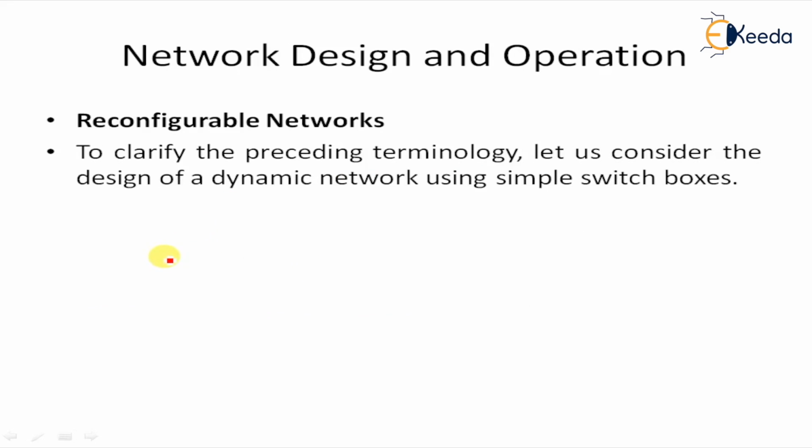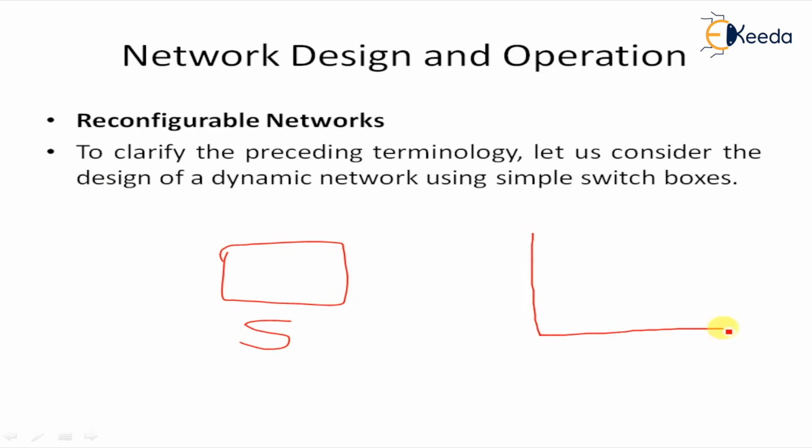So to clarify the preceding terminology, let us consider the design of a dynamic or reconfigurable network using a simple switch box. There are two kinds of boxes I have to consider in this example. One is straight and the second is exchange. In the particular straight line, I'm considering x and y.